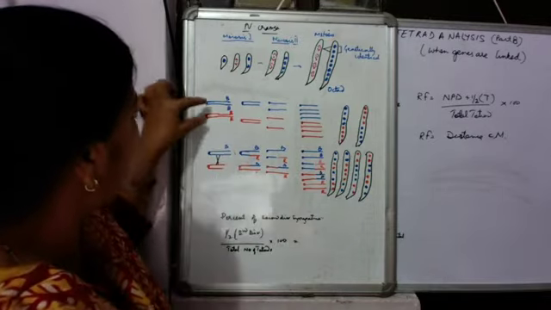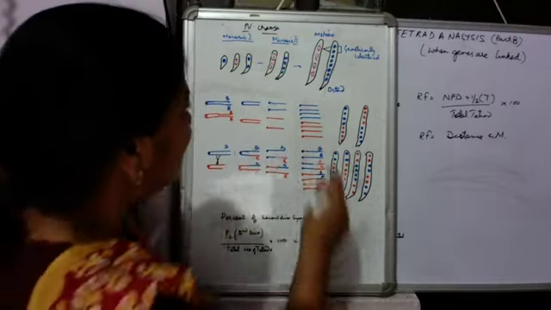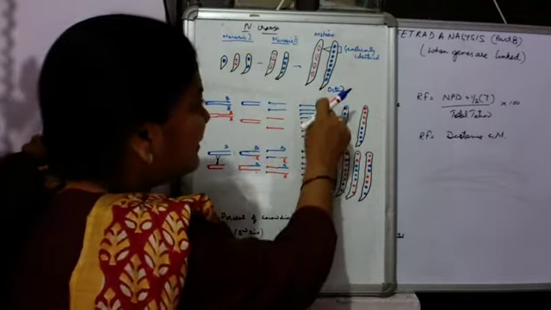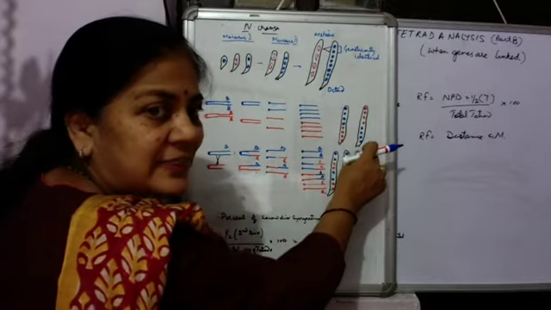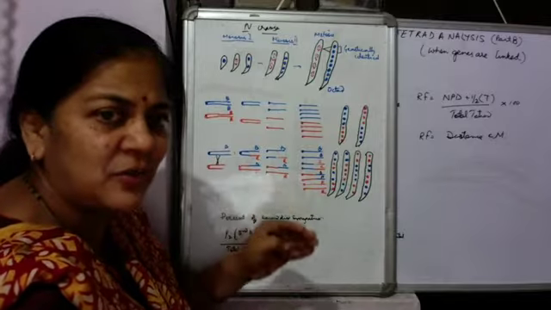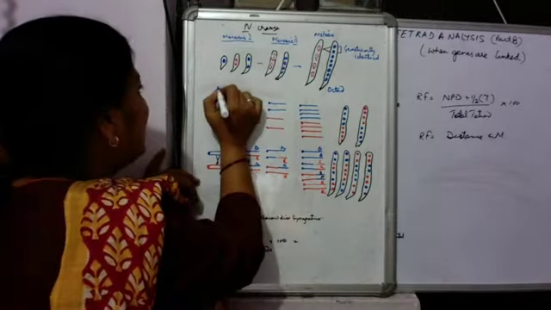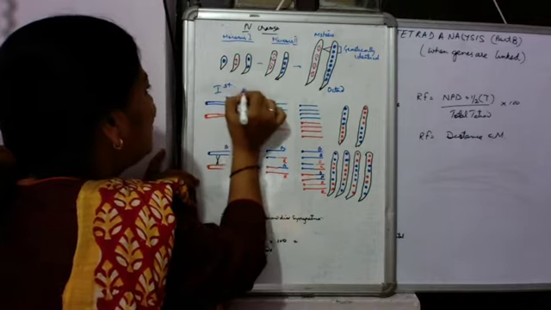If there is no crossing over, we get all the blue spores either on this side or on this side. This is called the separation of alleles in the first meiotic division.